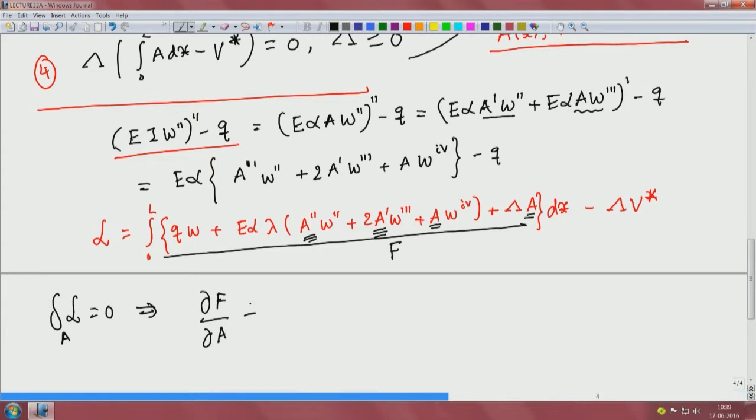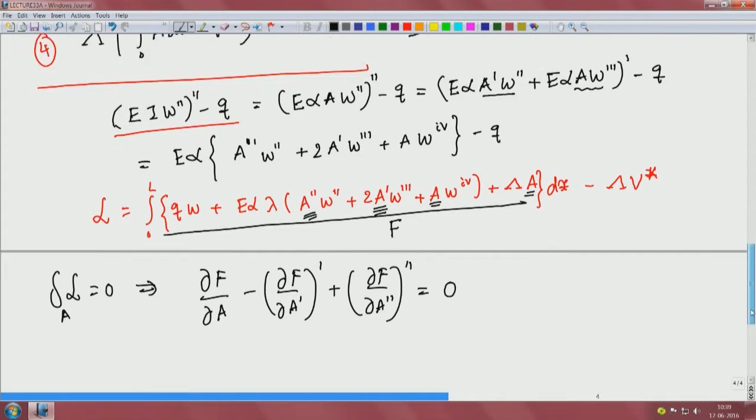So, I have to write dou f by dou a, minus the derivative of dou f by dou a prime, plus the second derivative of dou f by dou a double prime equal to 0. So, it is a good exercise for Euler-Lagrange equations application. So, we have this, right.